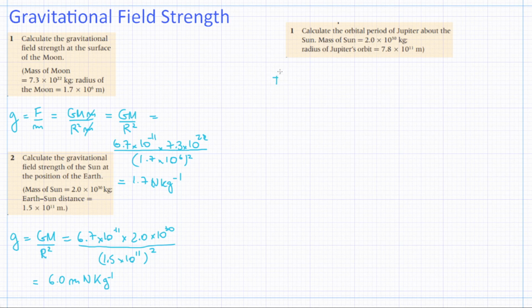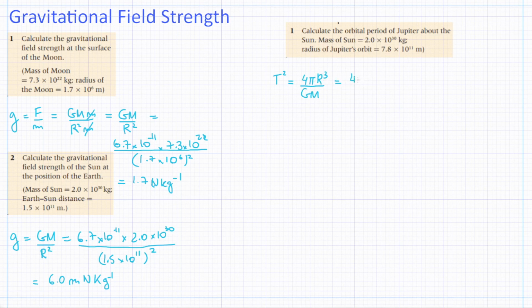If you ever forget, you can get to the equation, because you should have all the tools which are necessary for you to get back to that equation. However, I'll just put it back here. So 4 pi squared r to the power 3 over GM. So we're given the mass, we are given the radius, and this is a constant. So it's just putting numbers in.